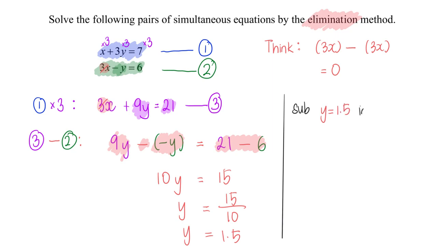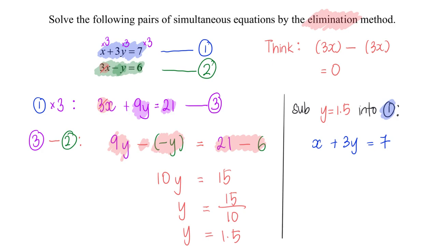I will choose equation 1 since all are positive. So I'm going to choose equation 1, and therefore you will see x plus 3y equals to 7.